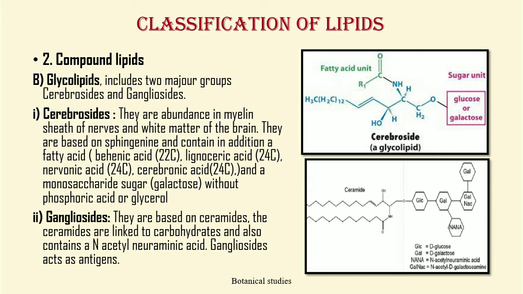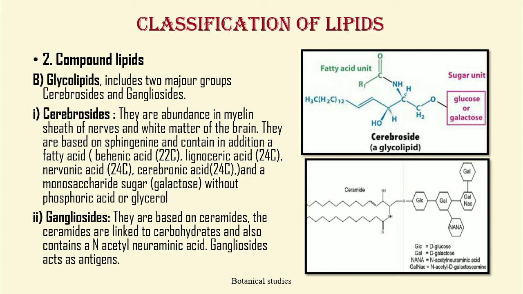Second compound lipid is the glycolipid. Glycolipids include two major groups, cerebrosides and gangliosides. Cerebrosides are abundant in myelin sheaths of nerves and white matter of the brain.